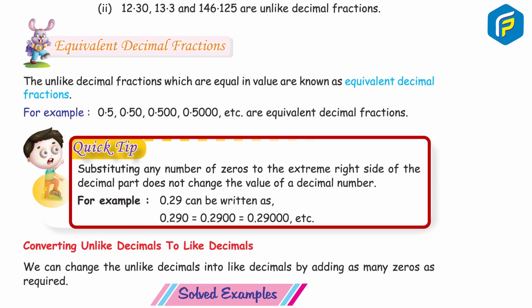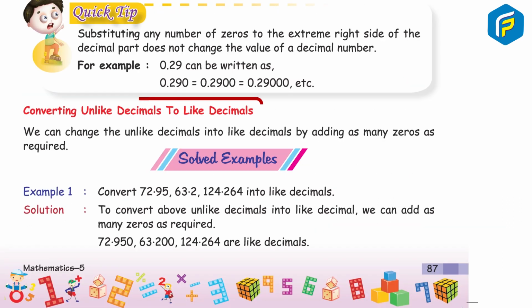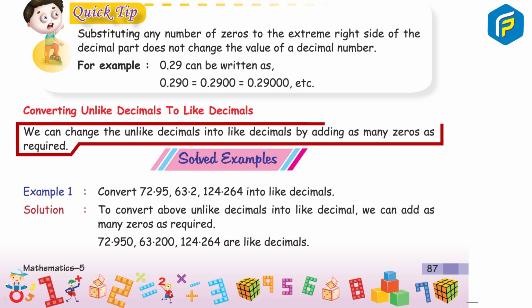For example, 0.29 can be written as 0.290, 0.2900, 0.29000, etc. Converting unlike decimals to like decimals. We can change unlike decimals into like decimals by adding as many zeros as required.